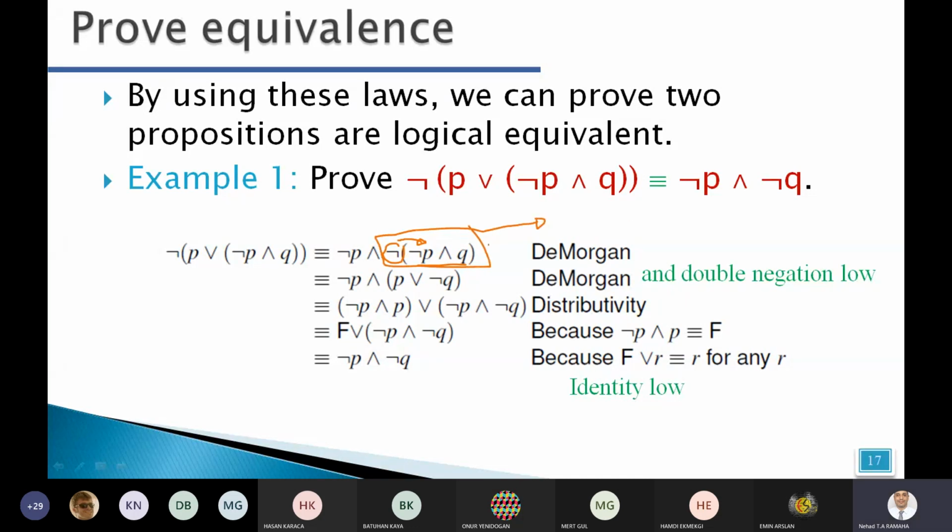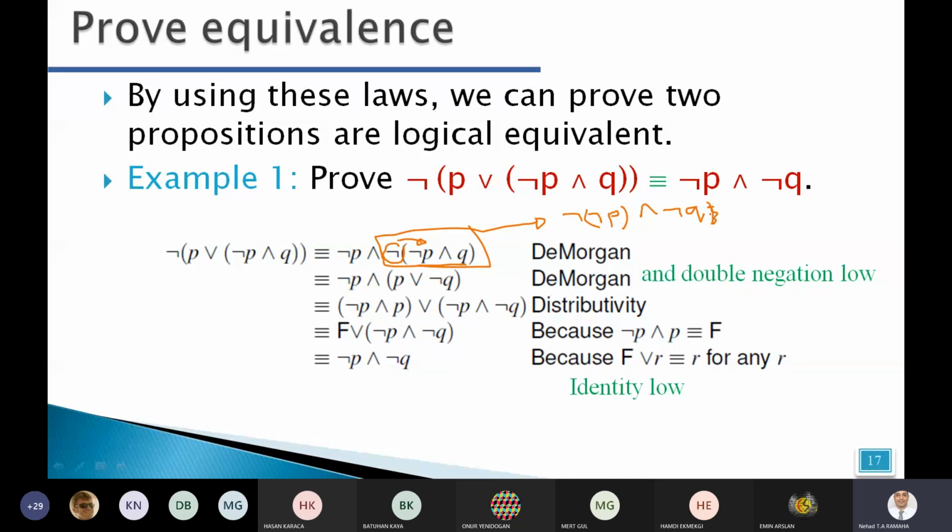If we want to solve this part, not P and not Q. This is after we used, sorry, no parentheses.